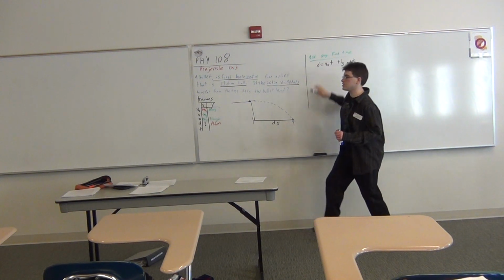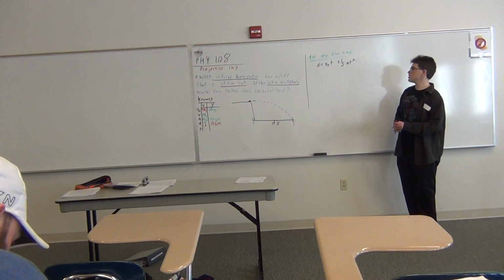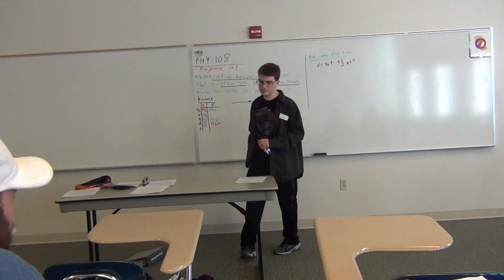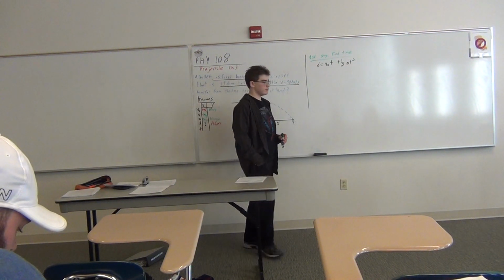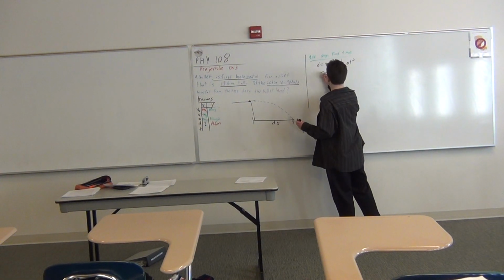I'm going to use d so you don't get confused with direction x. Okay? So which direction will we be using in this equation, x or y? Y. So use y.